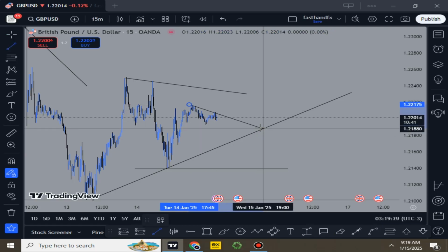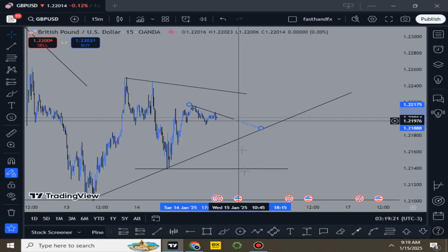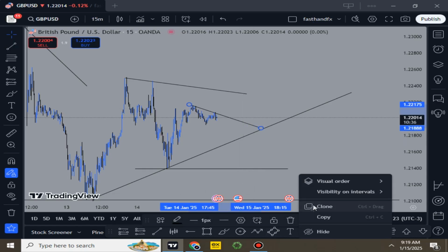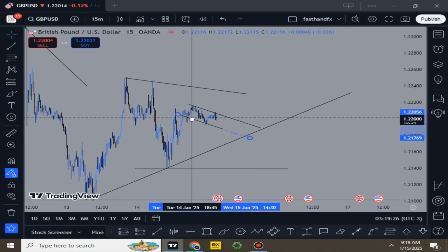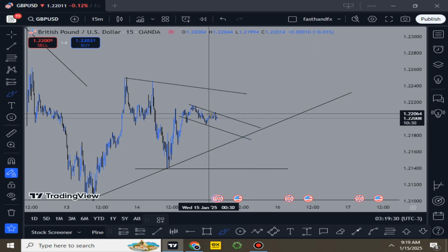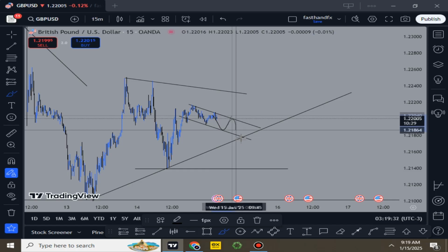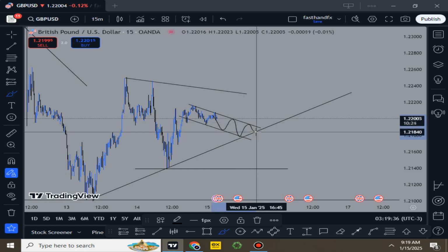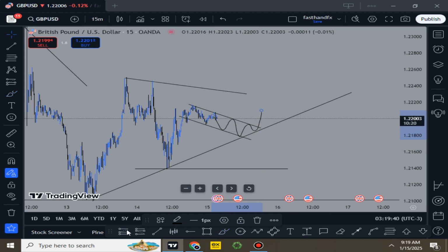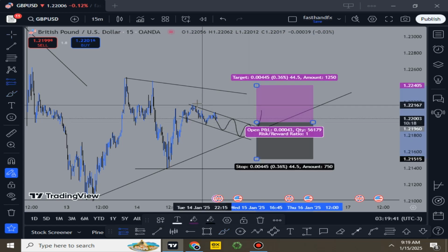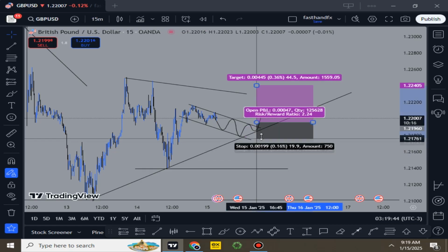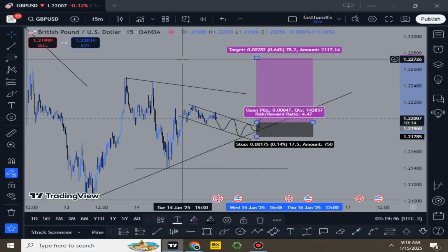Let's just have this, for instance, something like this. So if she continues playing in this channel, then we have this kind of anticipation. Then probably even if it's 5 minutes to CPI, then we have this break, or even 30 minutes to CPI, then I think we should be looking for our entry around that level.